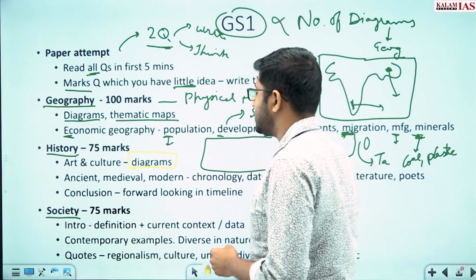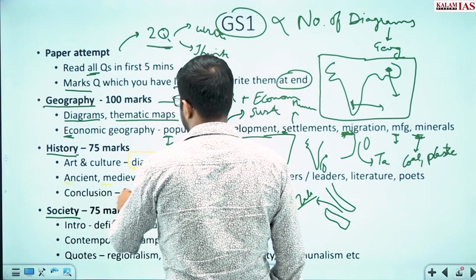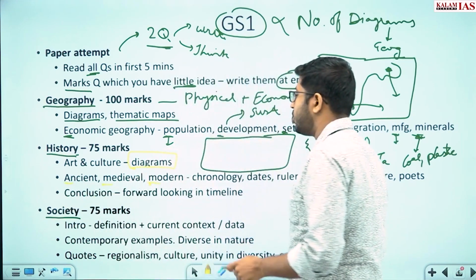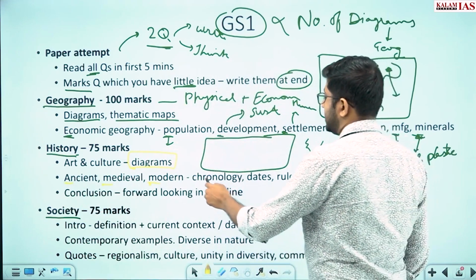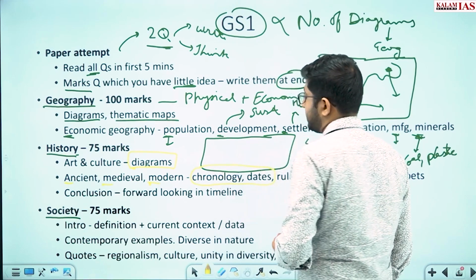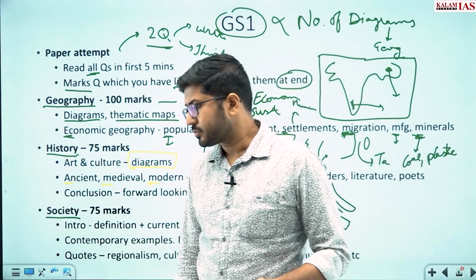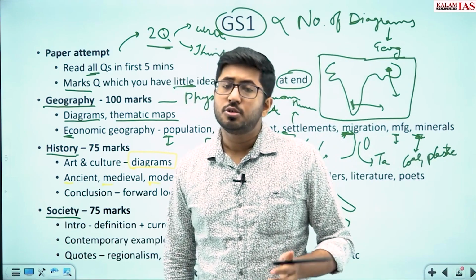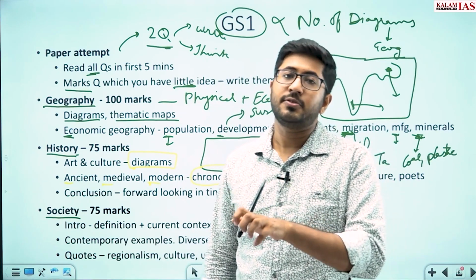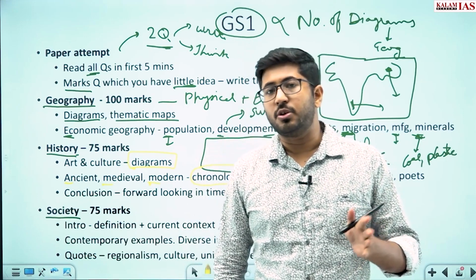Apart from art and culture diagrams, in all 3 histories, ancient, medieval and modern, it's very important to mention the chronology, the timelines and the dates in which a particular event is happening. Suppose the question is on the Pala dynasty: you should mention the region the Palas were ruling and the approximate century they were ruling.